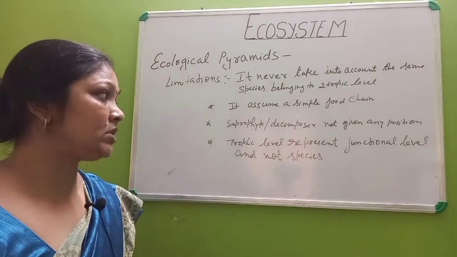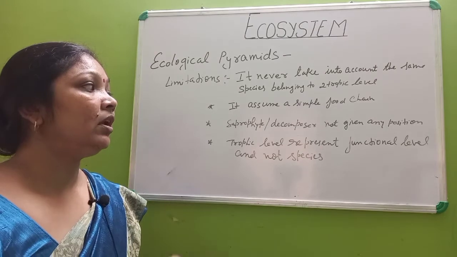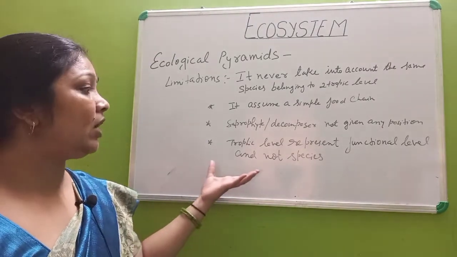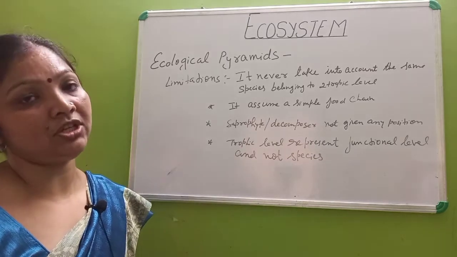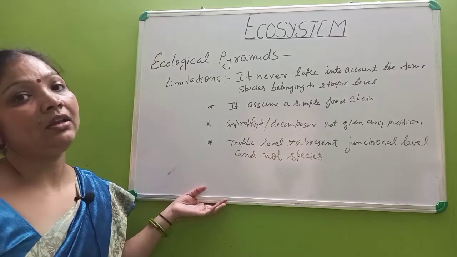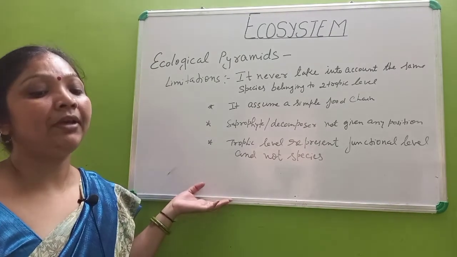And the last one is that the trophic level represents a functional level. Here they do not represent the species. So these are the 4 limitations of ecological pyramids.